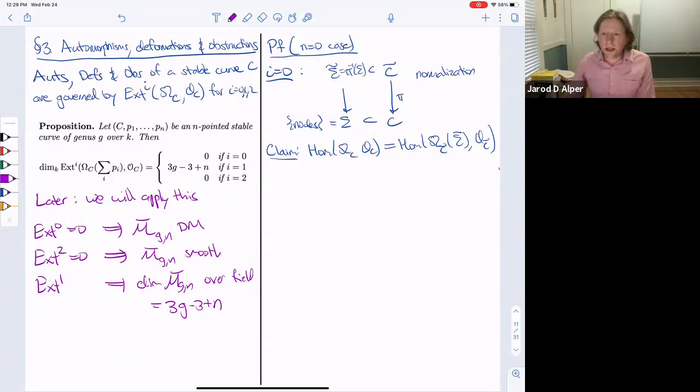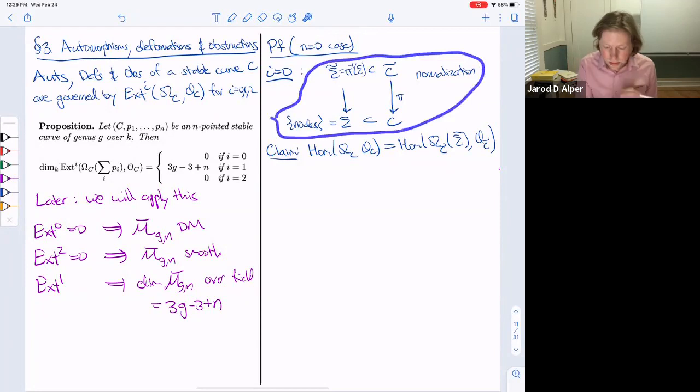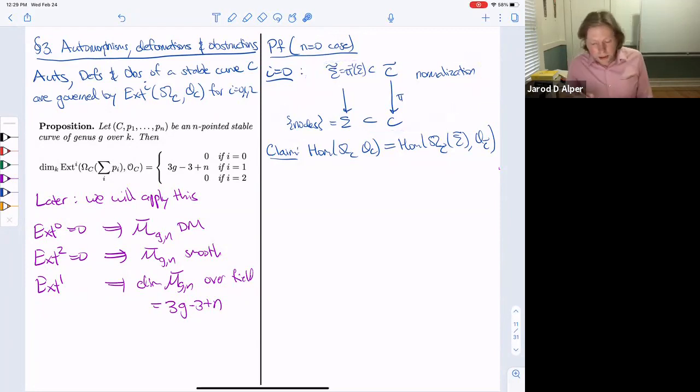And I'm going to do it again just for simplicity. I'm going to make the assumption, just because I don't want to keep writing all the marked points, to take n equals 0. And so I'm going to first prove the i equals 0 case, and in every step of the argument, we're going to use this picture here. I take the normalization.